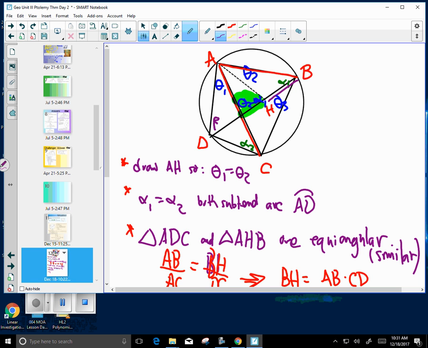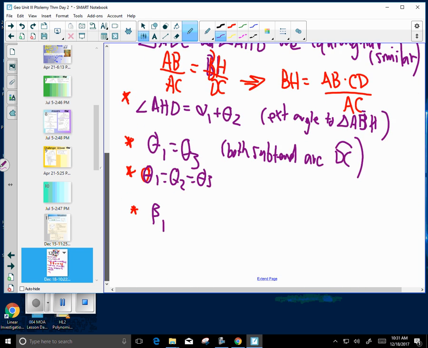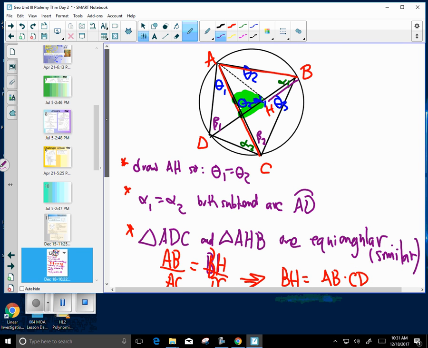Here's beta 1, and here's beta 2. What can you tell me about those two? They're equal. Both subtend arc AB. All right. So these two are equal.